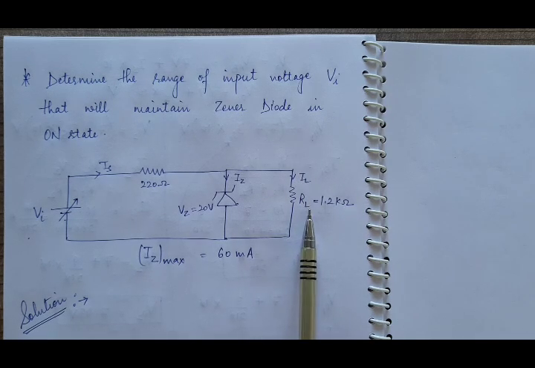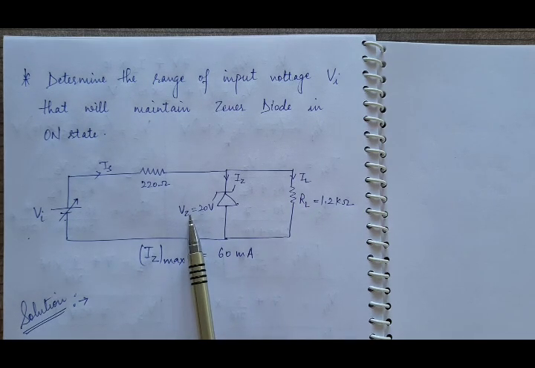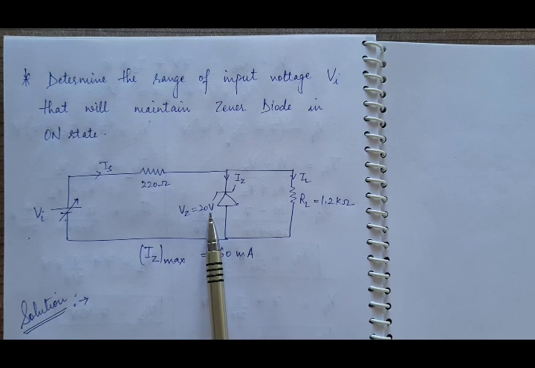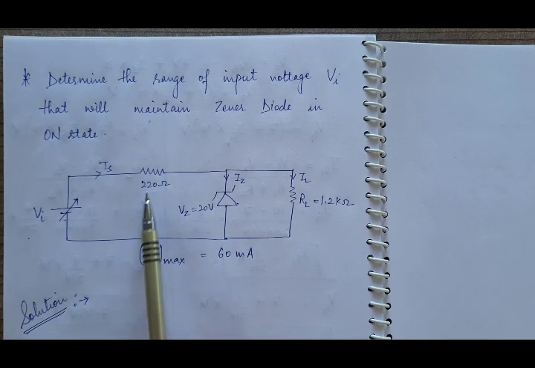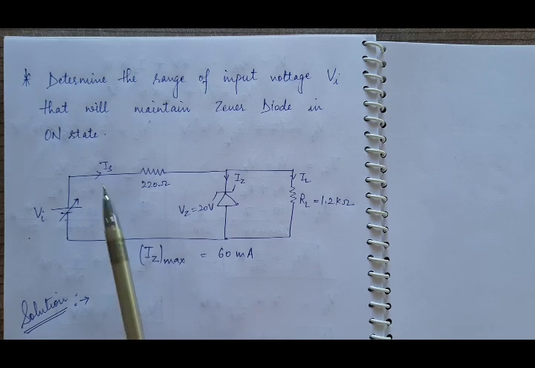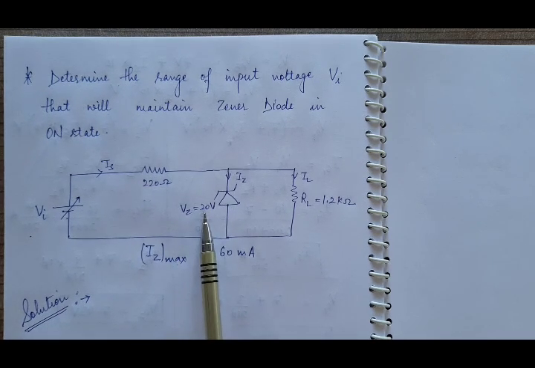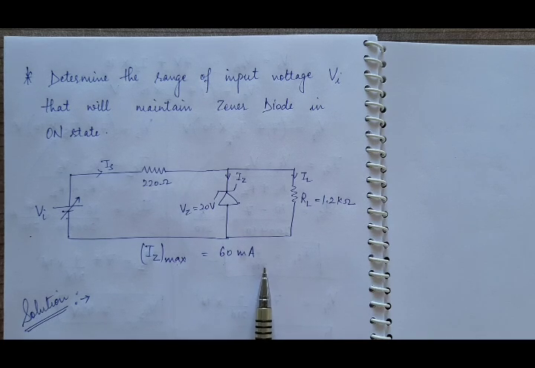Suppose IL is the current flowing through this. Zener voltage of the Zener diode is given, that is 20 volts. Series resistance is given, that is 220 ohms. IS is the source current, and the maximum Zener current which can flow through this Zener diode without getting it damaged is 60 milliampere.